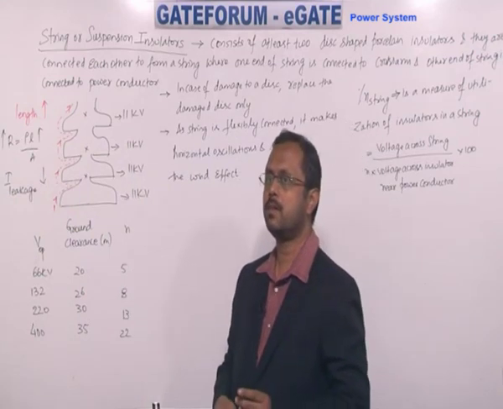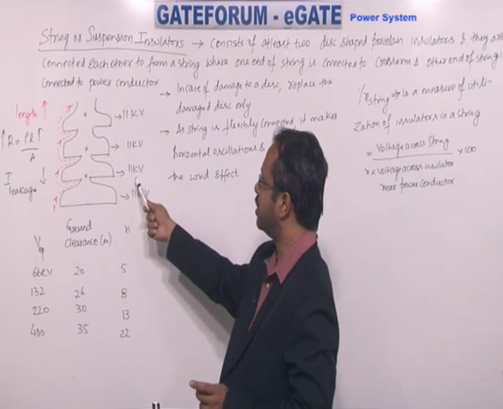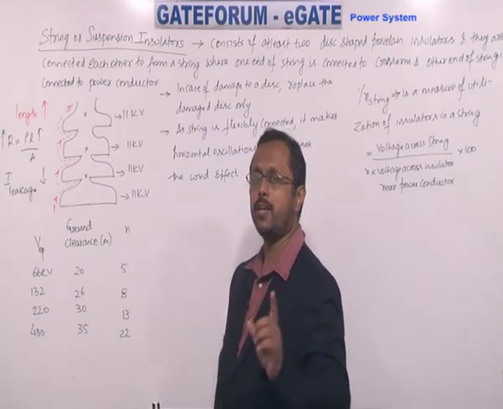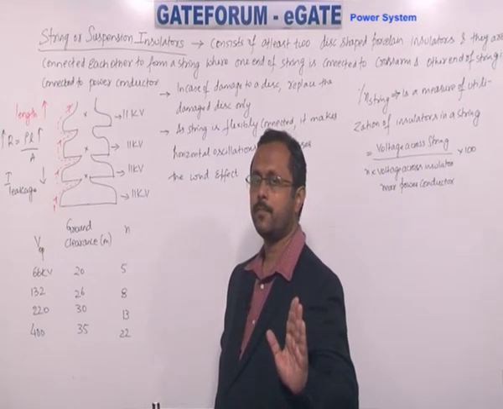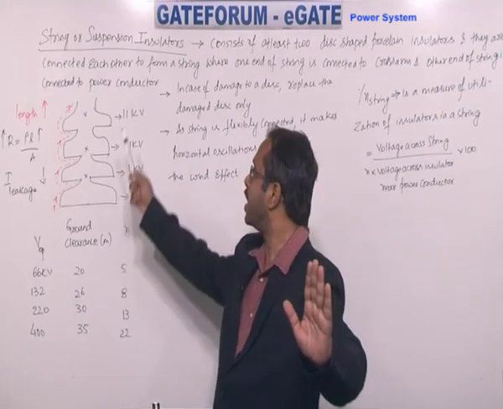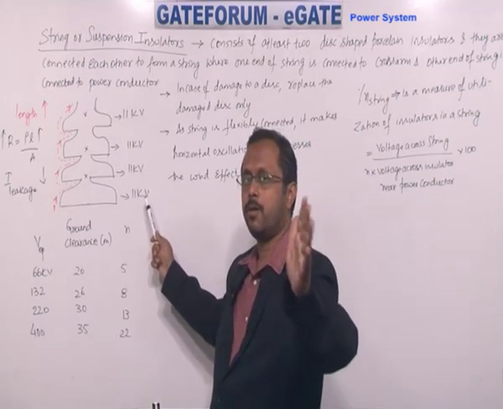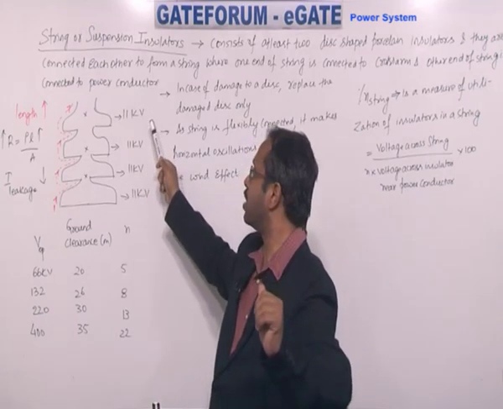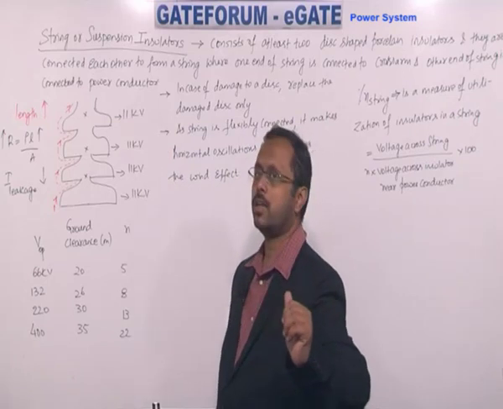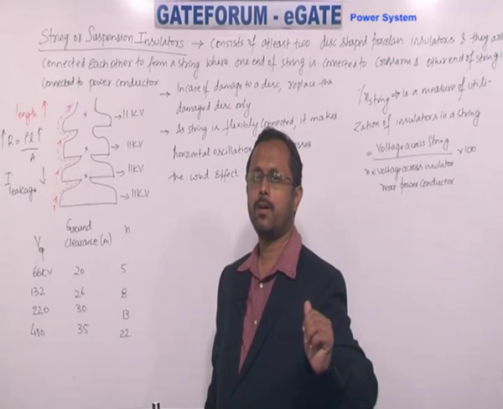Now please observe, though each insulator is designed to withstand an operating voltage of 11 kV, the distribution of potential across a string of insulators is not uniform.